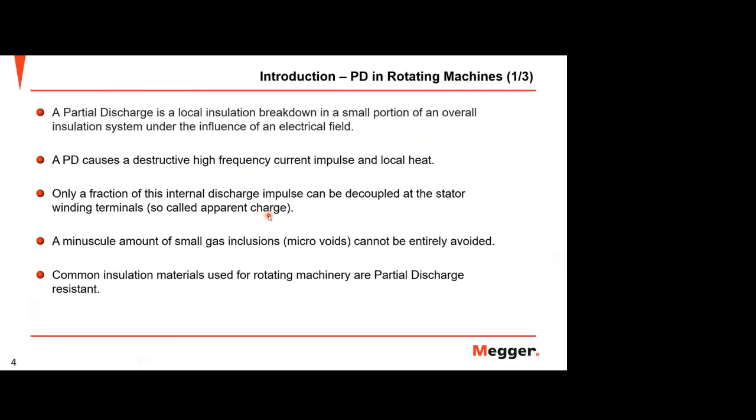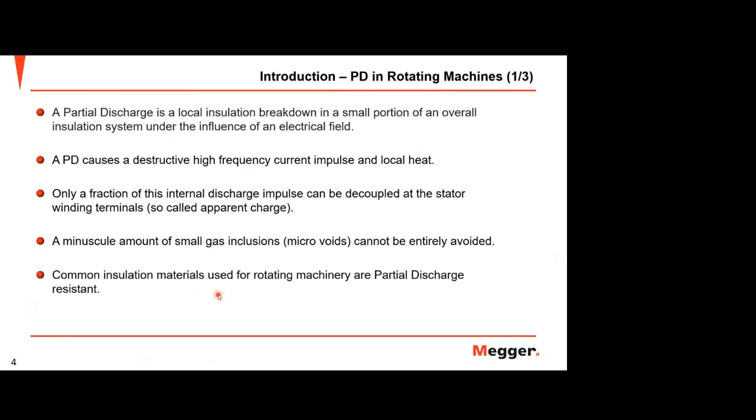Even with today's optimized stator bar and winding processing techniques, a minimal amount of small gas inclusions or micro voids cannot be entirely avoided. So common insulation materials used on rotating machines have the important property of being partial discharge resistant.